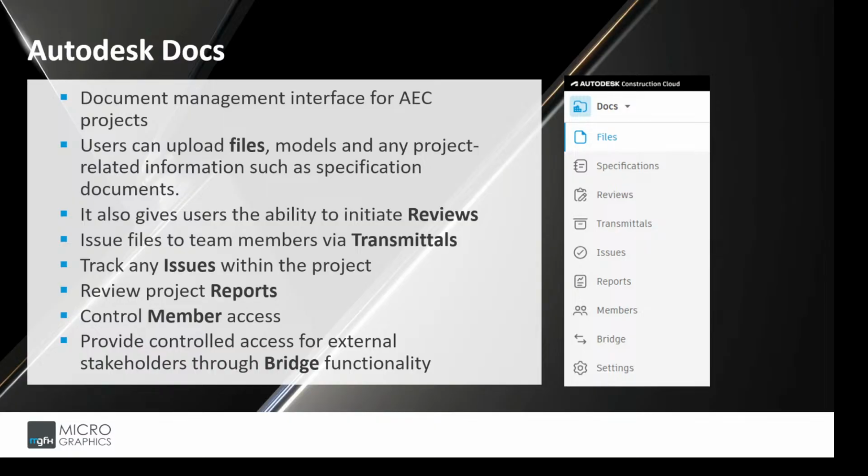Markups and issue tracking. Users can create markups, meaning electronic red lines on drawings and models directly within the platform. If problems are identified, users can generate issues, assign them to specific team members, and track their resolution status from a centralized list.